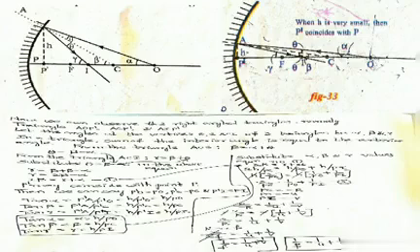Okay, so here AC is the normal. Between O and I one point C is there, no? So from C to A one dotted line is there, no? That is AC, that is called the normal. How to draw the normal for curved surfaces we discussed, no? That AC is the normal.